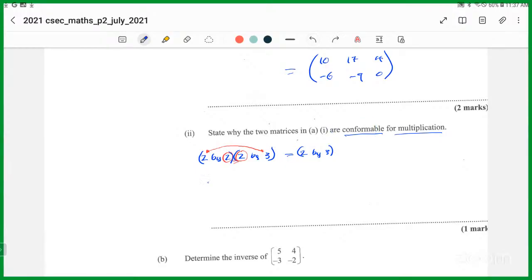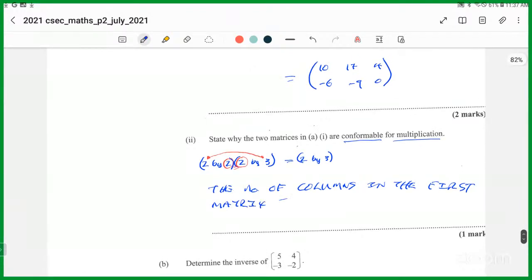So the number of columns in the first matrix is equal to the number of rows in the second matrix.